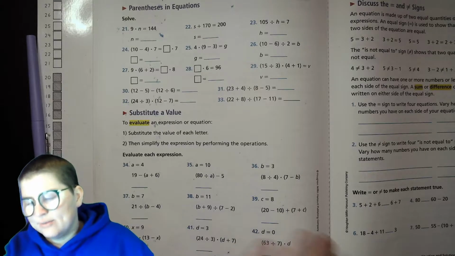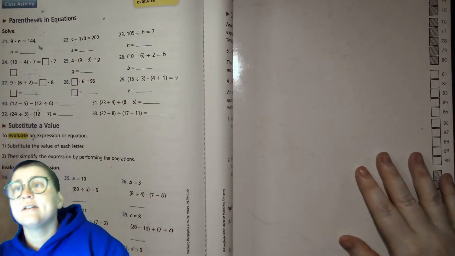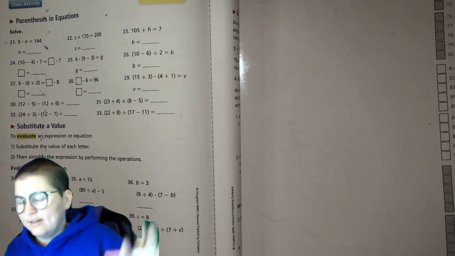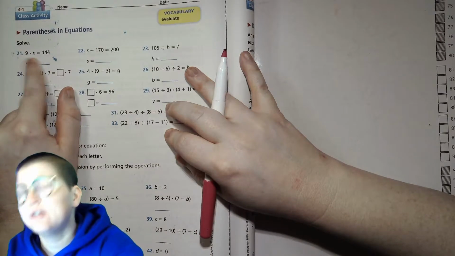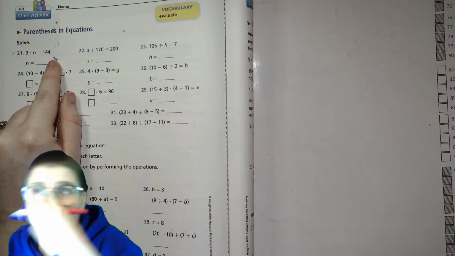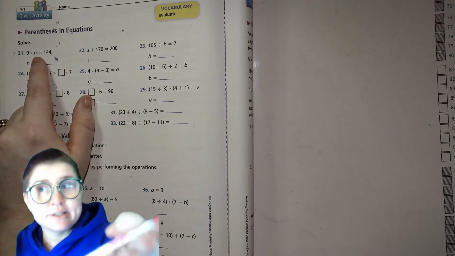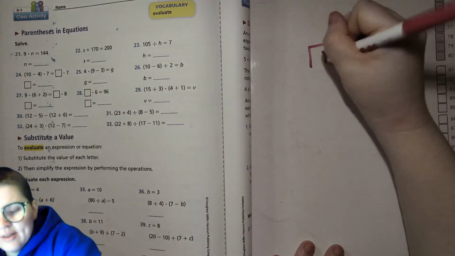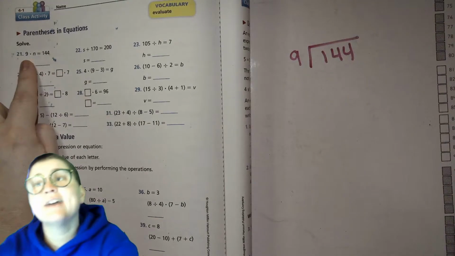All right, so we're going to use our whiteboard here. Now remember, this n is just standing for a missing number. So if you have two numbers multiplied together, they're going to equal this 144. We don't know what that number is, so we can do the opposite operation and find the value of n by doing the product 144 divided by the other factor, right?